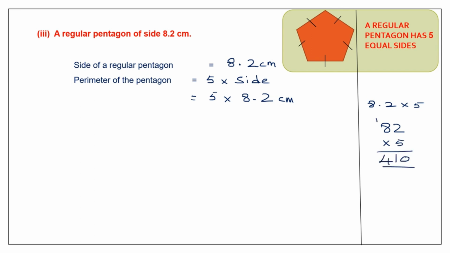So 410. Now let's go back to the question. Now as you can see, there is one decimal place. So our answer also should have one decimal place. So that makes it 41. So that is 41 centimeters. So the perimeter of this regular pentagon is 41 centimeters.